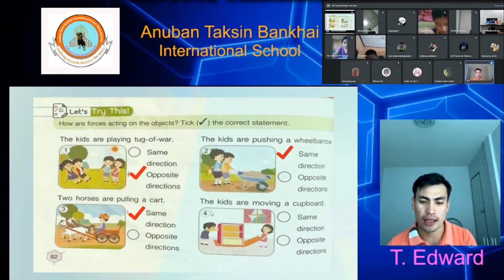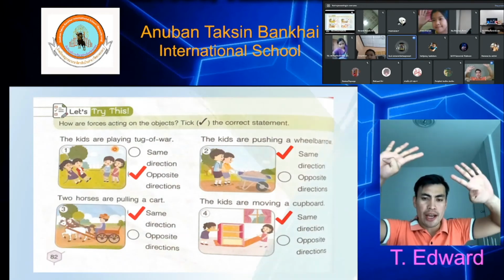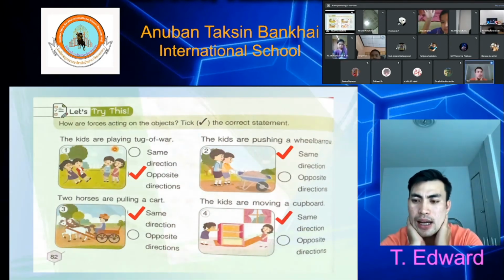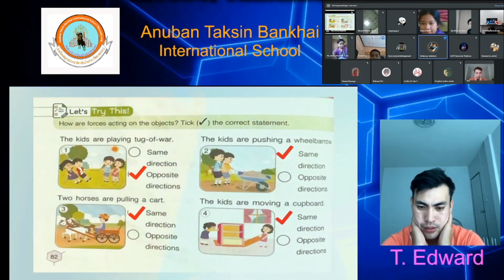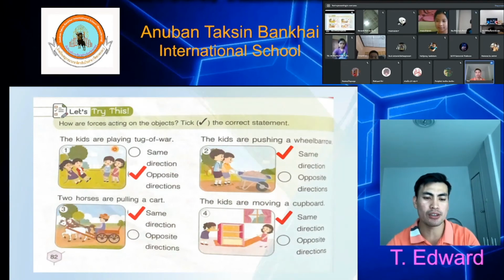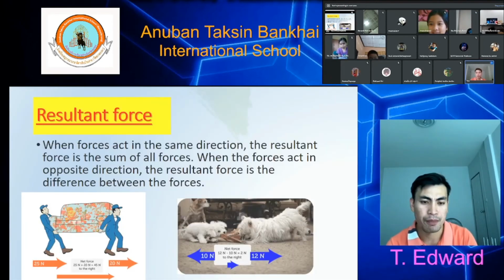The correct answer is same direction. Who got 4 over 4? Raise your hand. Me, Jetsada, Femika, Araya, Putipong, Supakorn, Pachara. Very good. Good job. Now, let's go to the next slide.